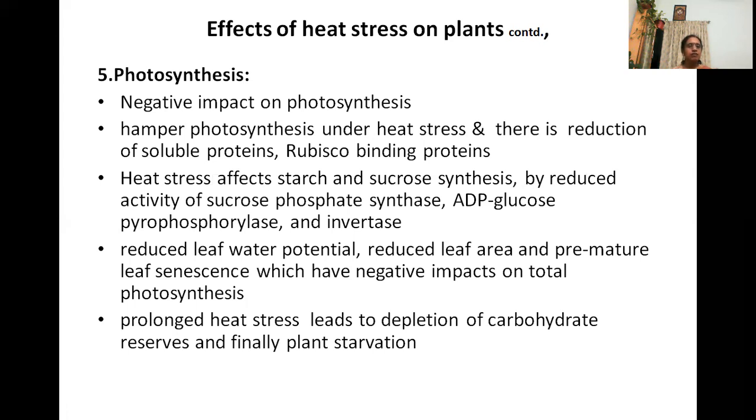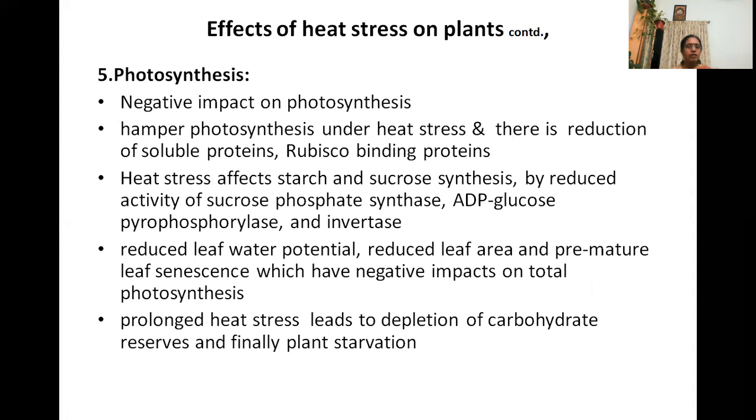And there is a negative impact on photosynthesis. It hampers the photosynthesis, and there is reduction of soluble proteins and then rubisco binding proteins because it is a very essential enzyme for photosynthesis. Heat stress affects starch and sucrose synthesis by reduced activity of sucrose phosphate synthetase, ADP glucose pyrophosphorylase, and invertase.